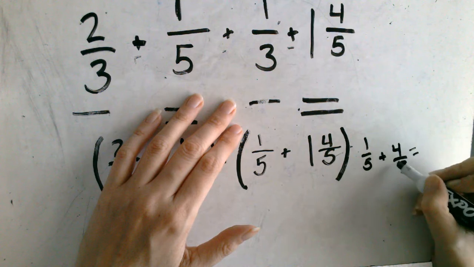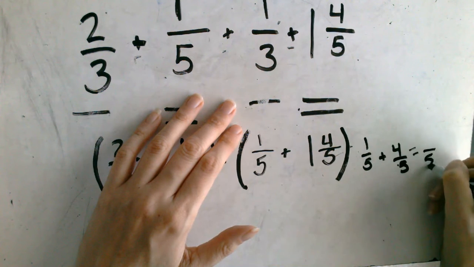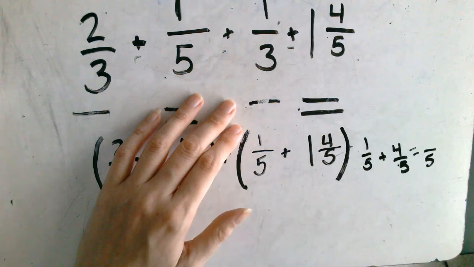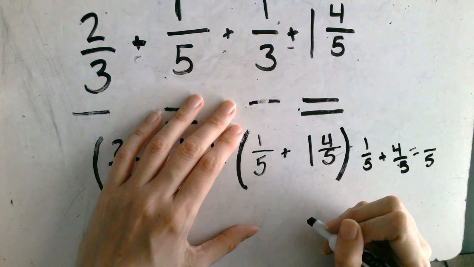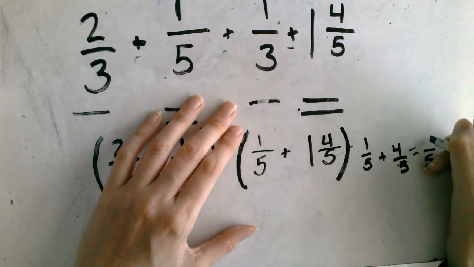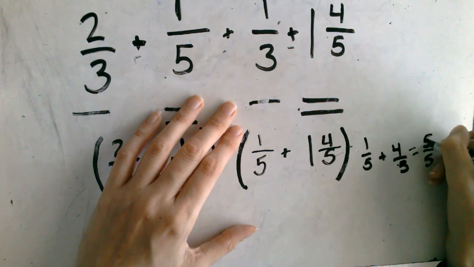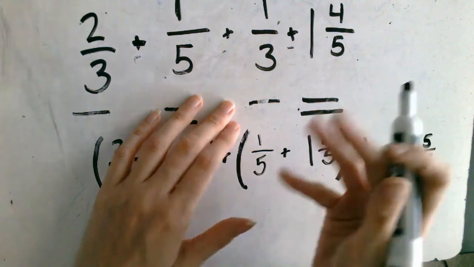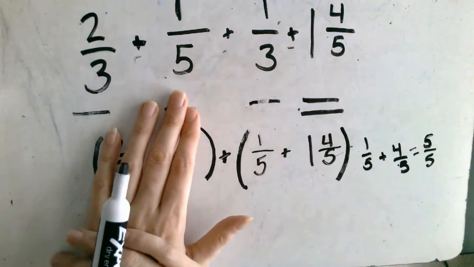Our denominators are the same numbers, so we're going to leave them the same, and we need to do 1 plus 4. Everybody on your fingers, hold up 1 plus 4. What does that equal? I should see 5 on all of your fingers. If you have 5 fingers up, give somebody a high 5. Nicely done.